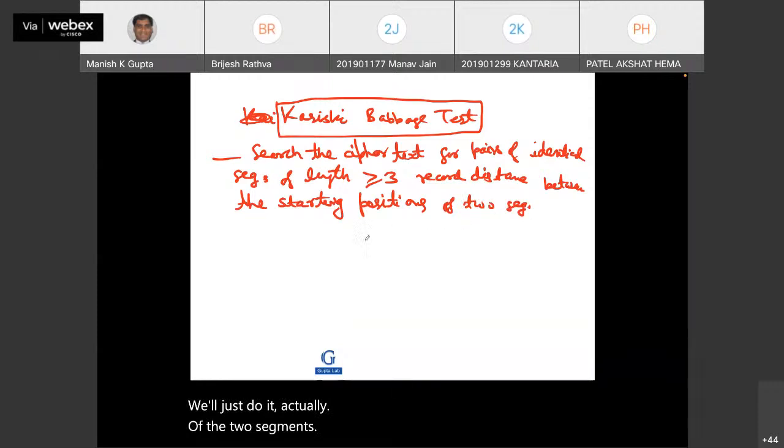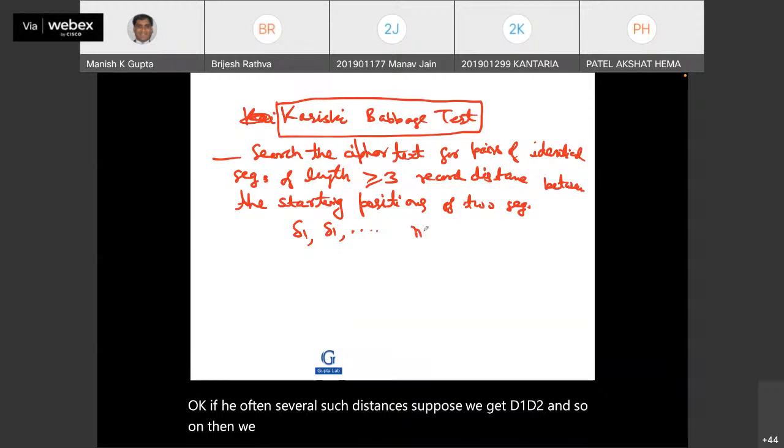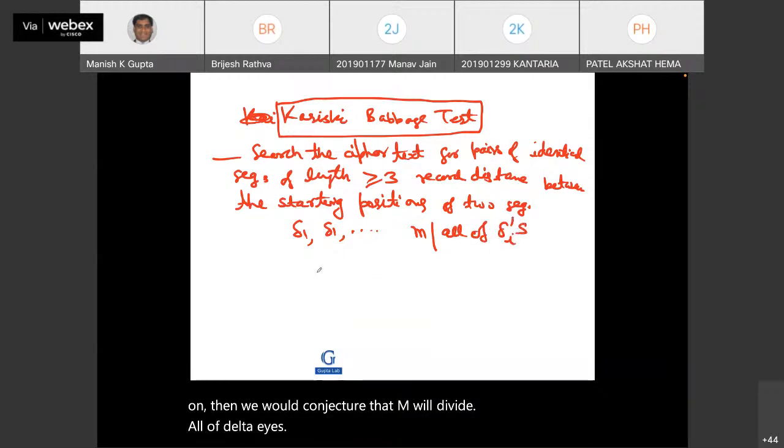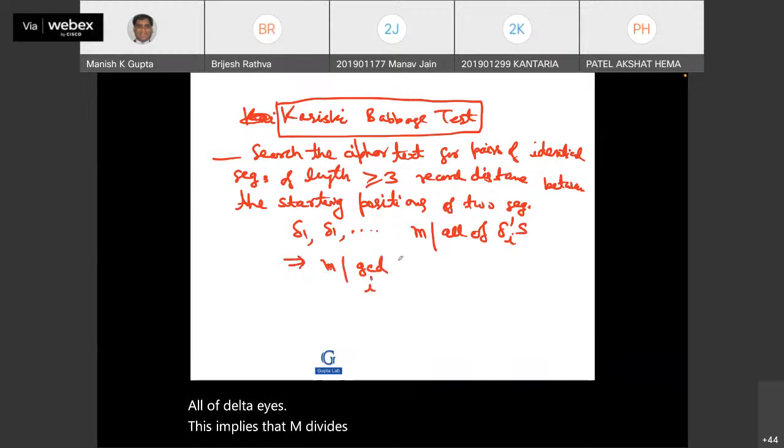If we obtain several such distances, suppose we get delta 1, delta 2, and so on, then we would conjecture that m divides all of the delta i's. This implies that m divides the GCD over i of delta i.